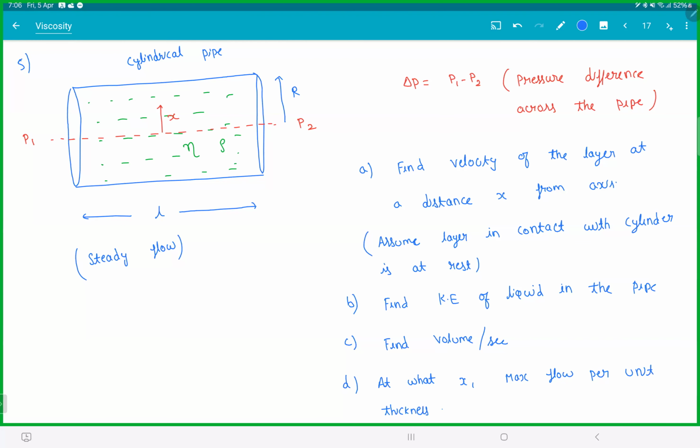Meaning from every point, the liquid is coming with different speeds. If I tell you, you have to take a bucket and go and stand. There is one particular point where if you stand with a bucket, maximum amount of liquid will come per second. First, let's get the first three parts. D we can do from there.